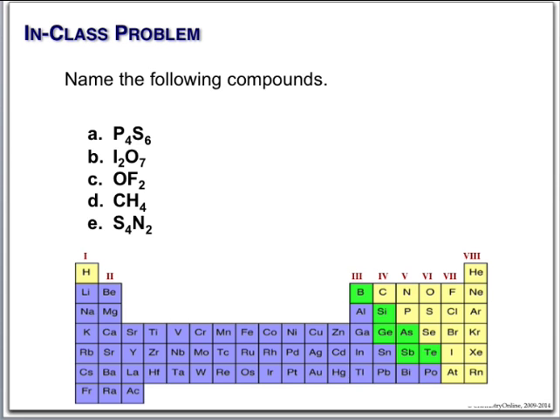We had 4 phosphorus. Our multiplier was tetra, right? Tetra phosphorus. Hexasulfide.